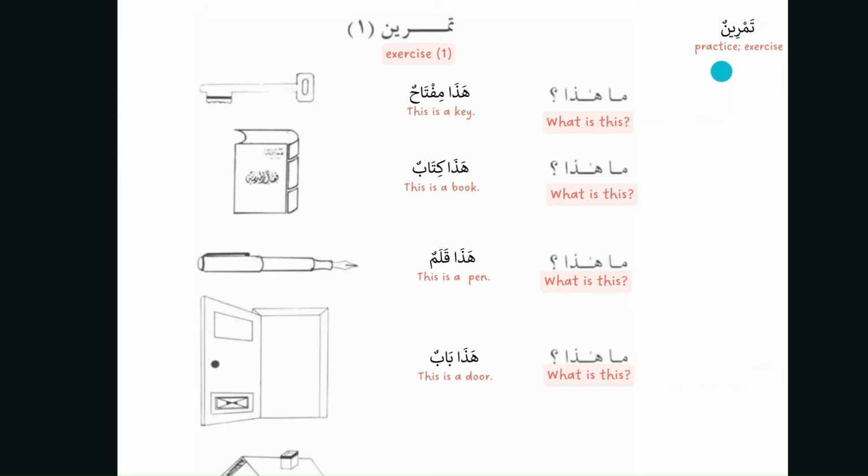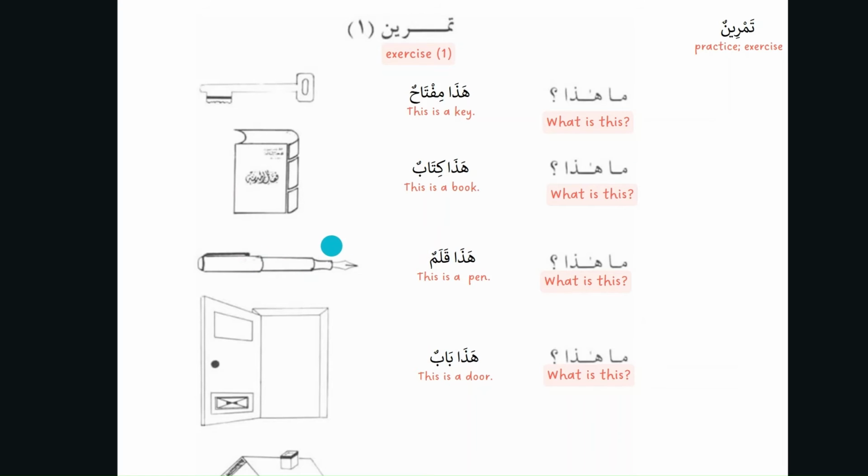Tamrinun means practice or exercise. Ma hadha? What is this? Hadha miftahun. This is a key. Ma hadha? What is this? Hadha kitabun. This is a book. Ma hadha? What is this? Hadha qalamun.